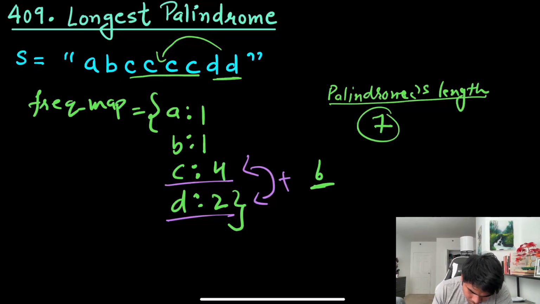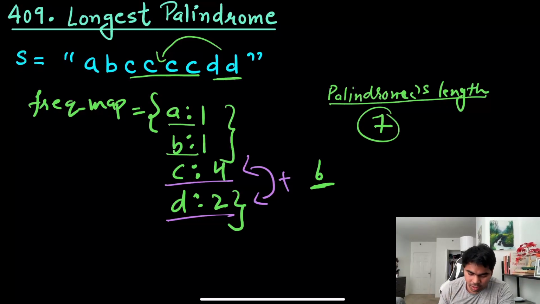But then what about the odd counts? I have two characters, but they're not equal, right? So I have one A and one B, I can only use one. That is why I will have a variable called odd char.